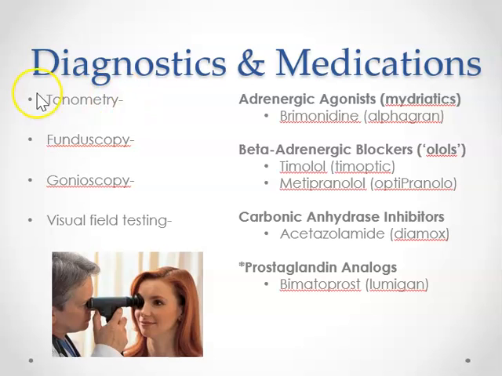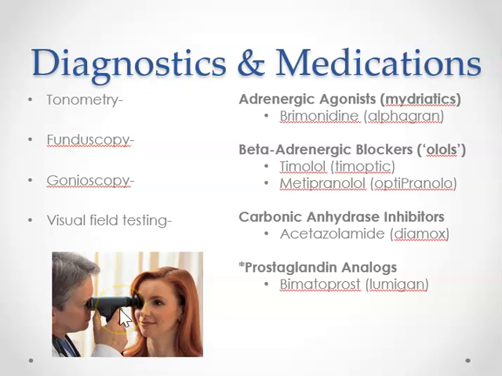Some of these tests we're going to see more than once when we're talking about the same section. So we're going to be measuring intraocular pressure. We're going to be looking at the fundus, so funduscopy. That's a visual inspection of the optic fundus using an ophthalmoscope.